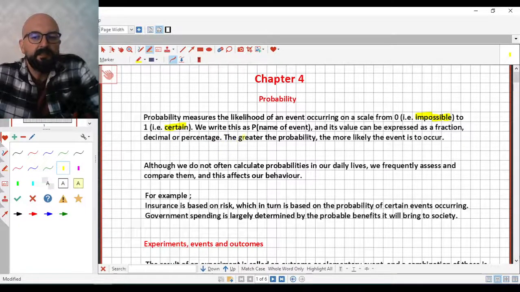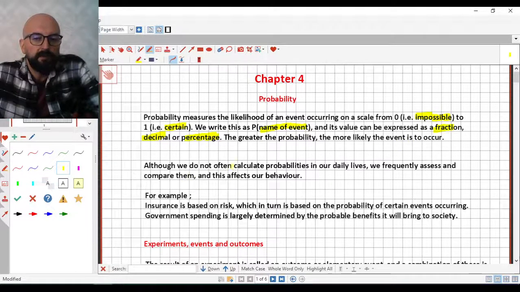We write this as P, name of event, and its value can be expressed as a fraction, decimal or percentage. The greater the probability, the more likely the event is to occur.